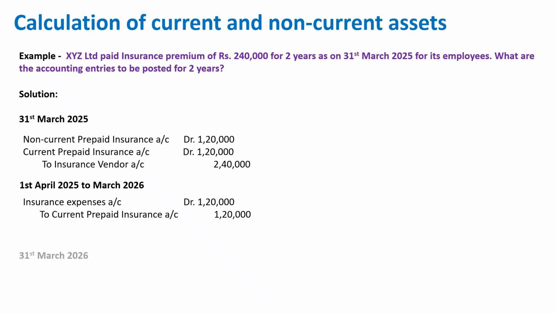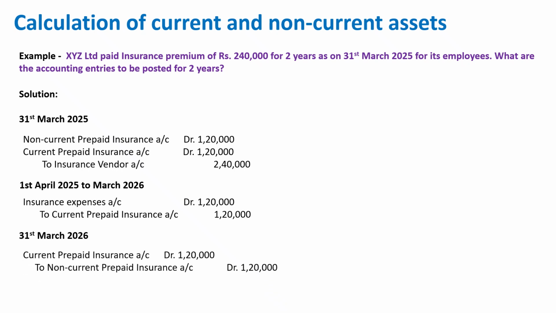Now, on 31st March 2026, what additional entry are you going to post? On 31st March 2026, the non-current portion which was treated as such on 31st March 2025 will be converted to current, because on 31st March 2026, the remaining period is only 12 months. That is till 31st March 2027.